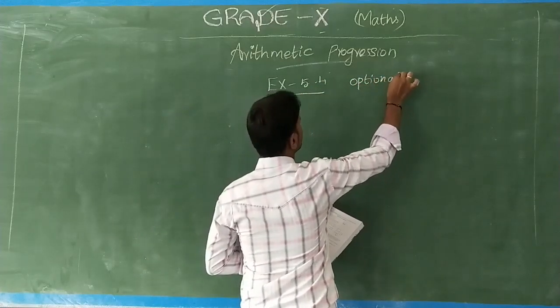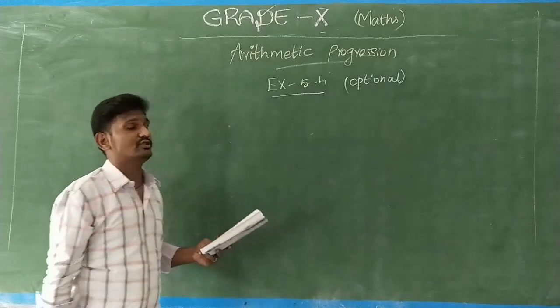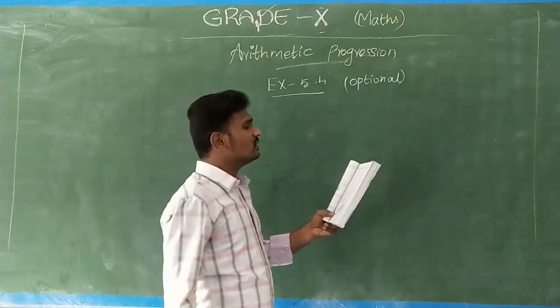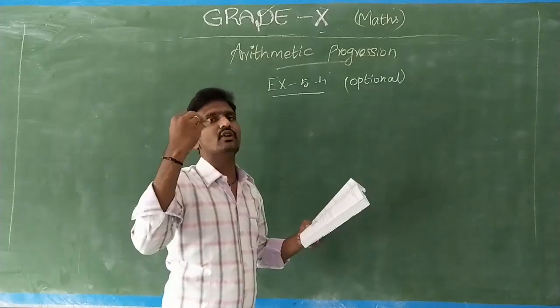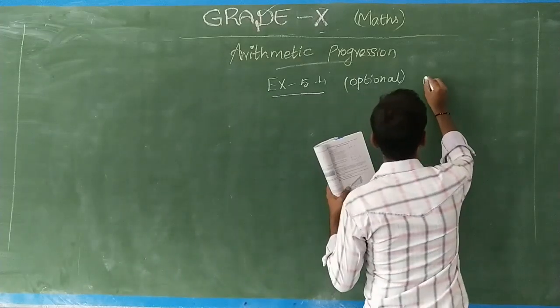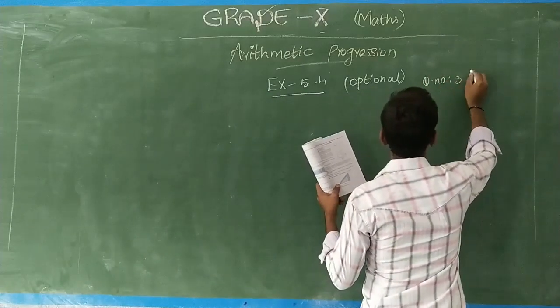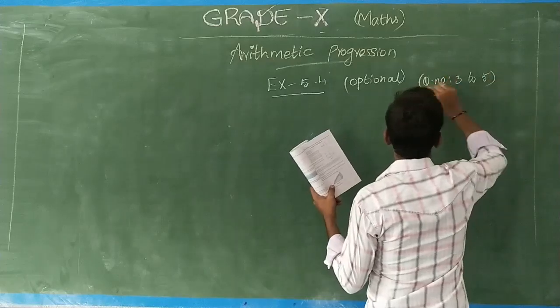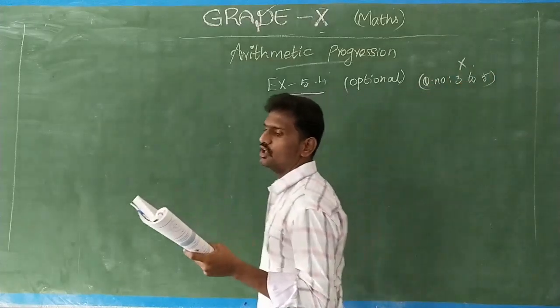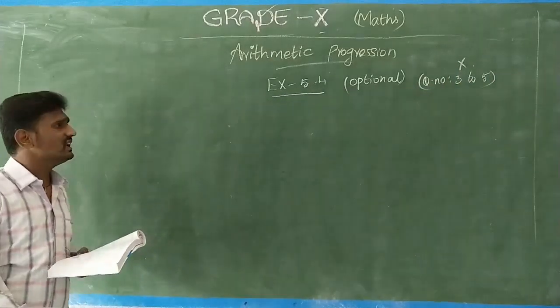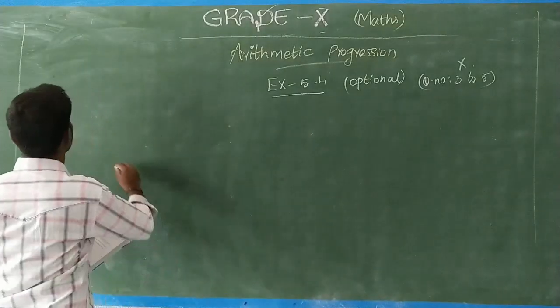In that optional exercise we also have deleted questions: questions 3 to 5 are the deleted portion. Only the first two questions remain in our portion, and that I am going to teach you now.